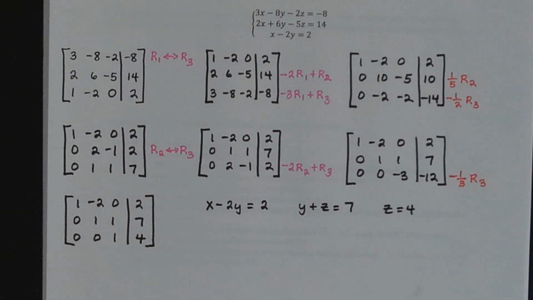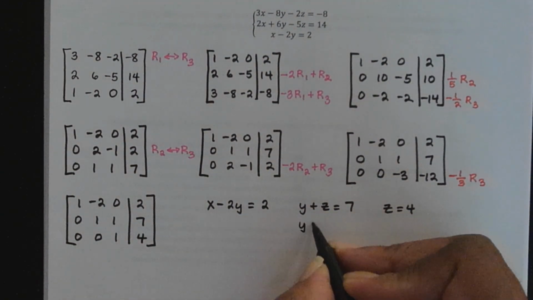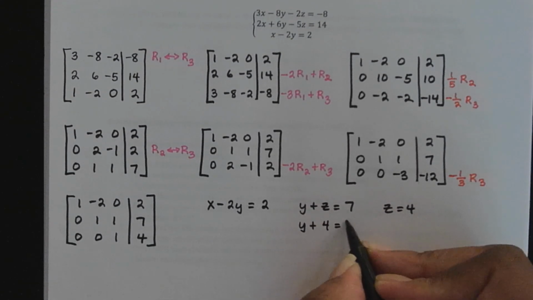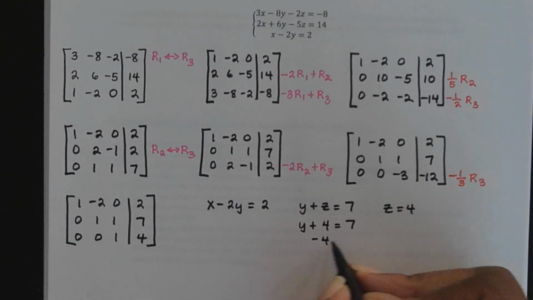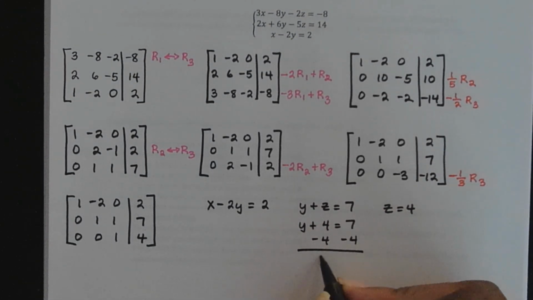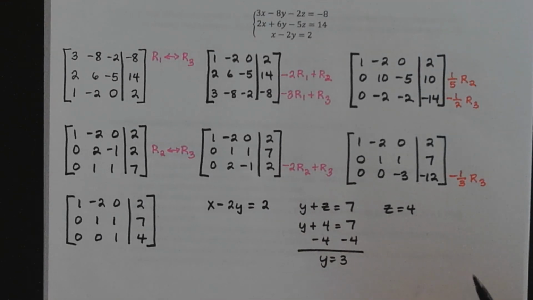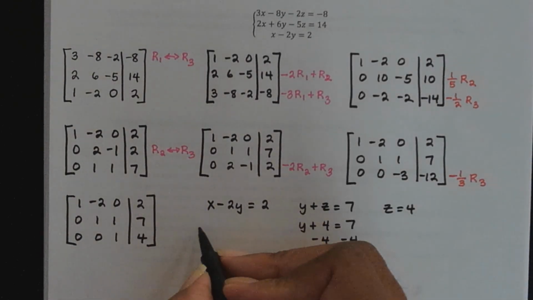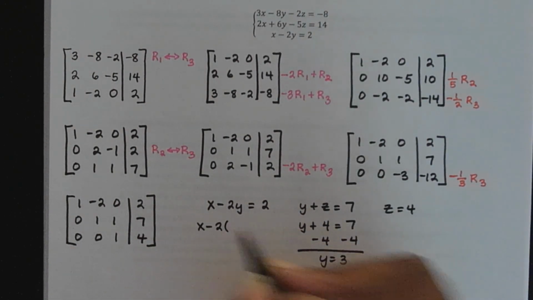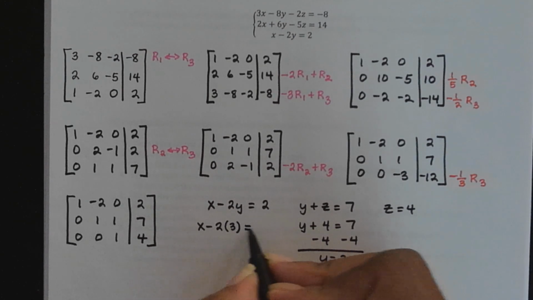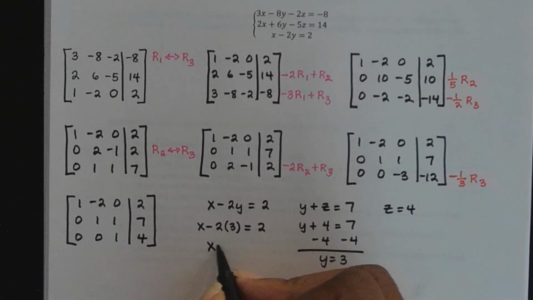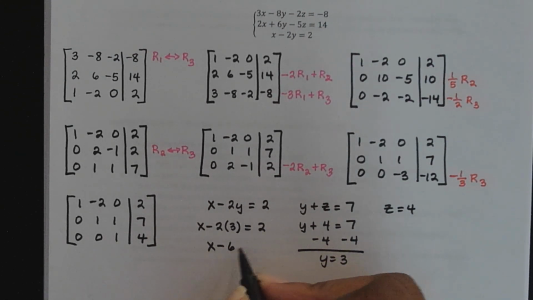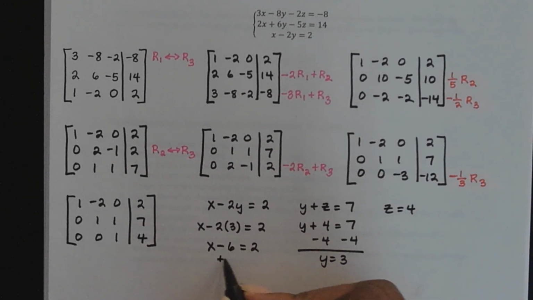So here we can do the back substitution to find out what y is and what z is. So here we're going to have y plus z, which is 4, is equal to 7. Then subtract 4, you'll get y is equal to 3. And then use that first equation. The only thing we need to substitute there is the y with 3. So it'll be x minus 2 times y, which is 3, is equal to 2. 2 times 3 will be 6, so x minus 6 will be equal to 2.